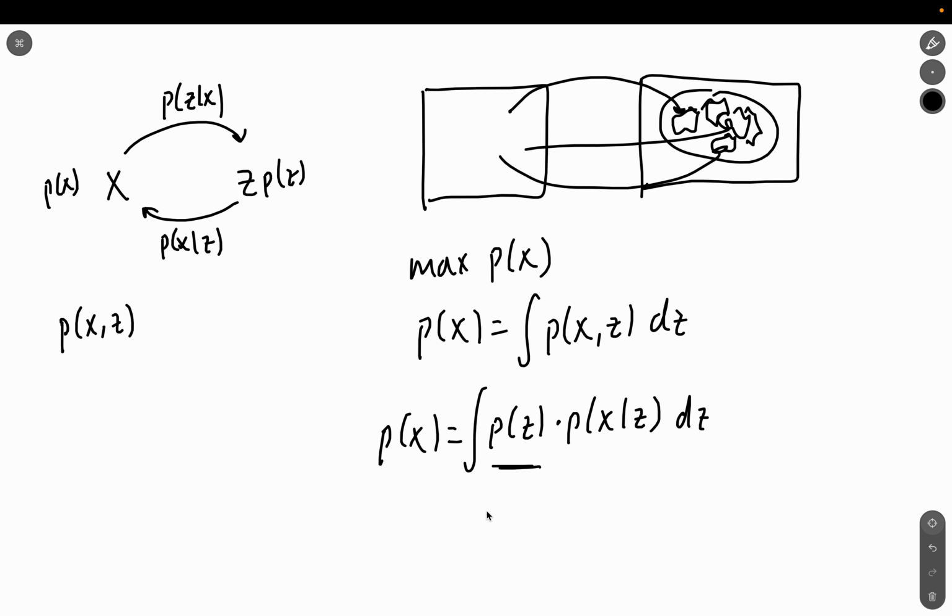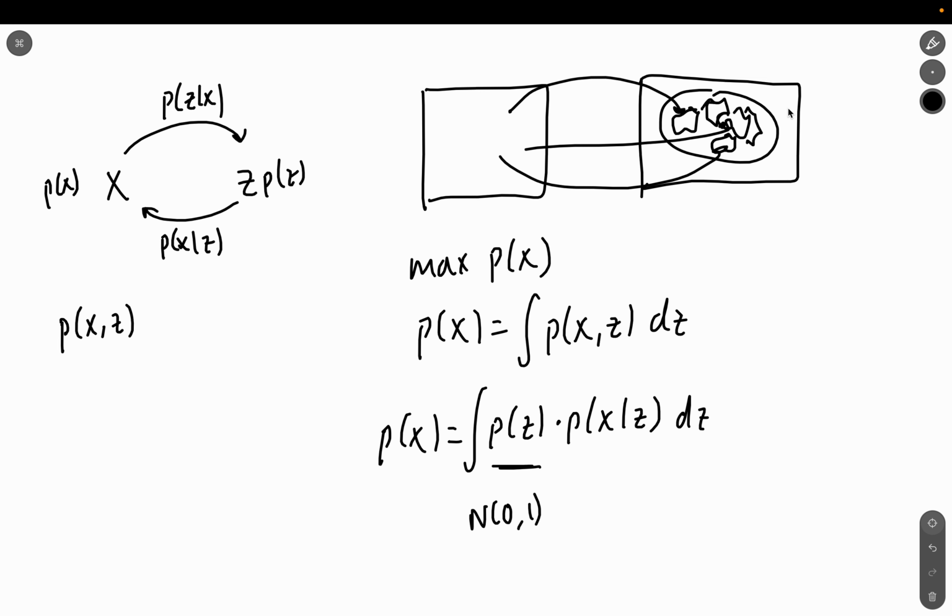So we normally choose P(Z) to be normal with a mean of 0 and a standard deviation of 1, or the identity, if you're looking at multiple dimensions. I always think in 2 dimensions. So we want our P(Z) to be a nice wrapper around all of these individual pools, with a mean of 0 and a standard deviation of 1. That's what we want the overall latent space to look like.